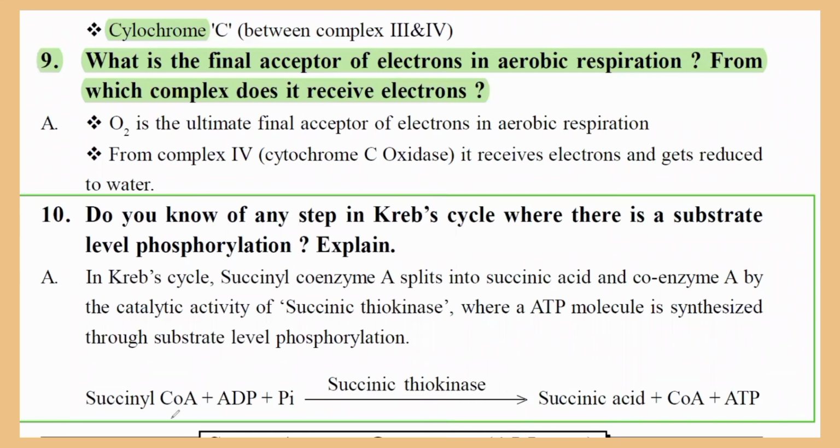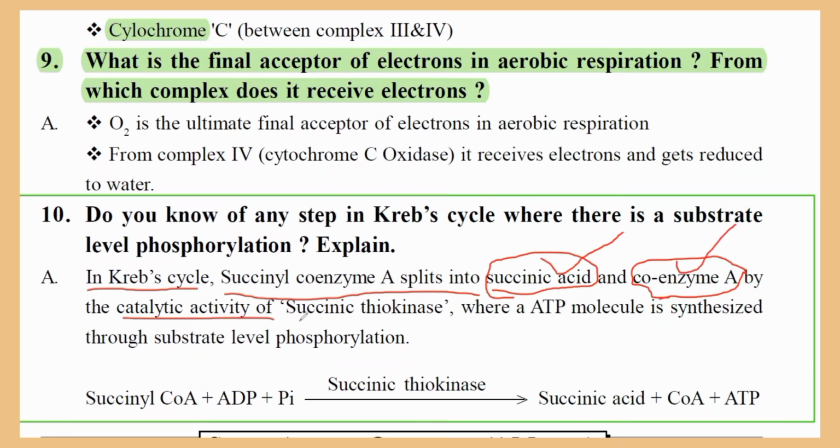In one of the reactions in the Krebs cycle, succinyl coenzyme A splits into succinic acid and coenzyme A, by the catalytic activity of succinic thiokinase.